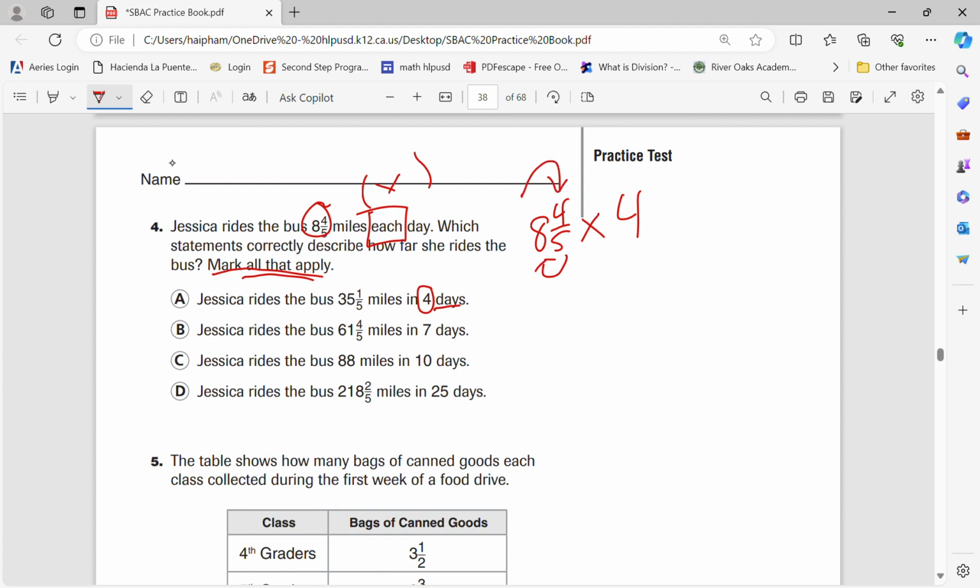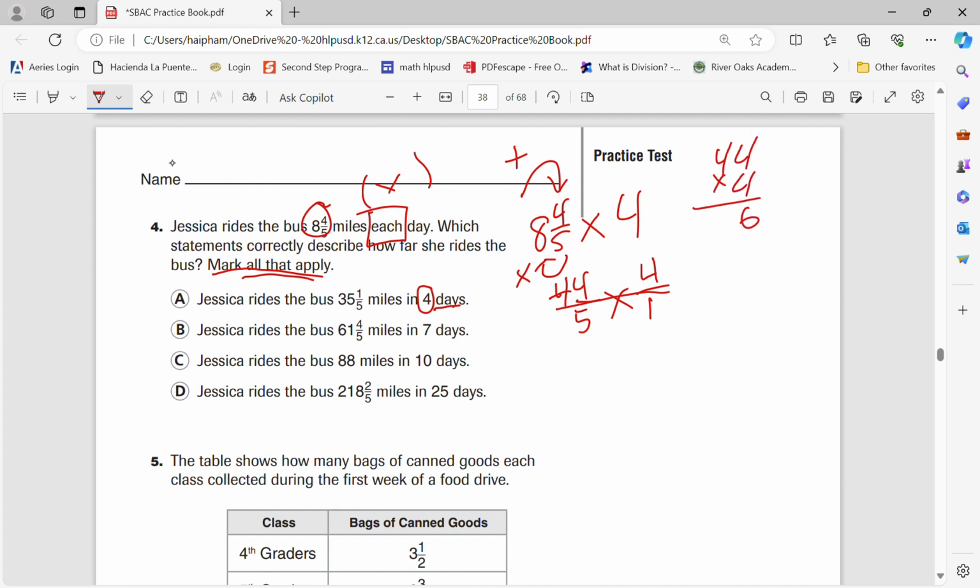So first we're going to multiply, then we're going to add to rename our mixed number here. 5 times 8, which is 40, plus 4 will give me 44 over 5. To write a whole number as a fraction, we're just going to write that number above 1.